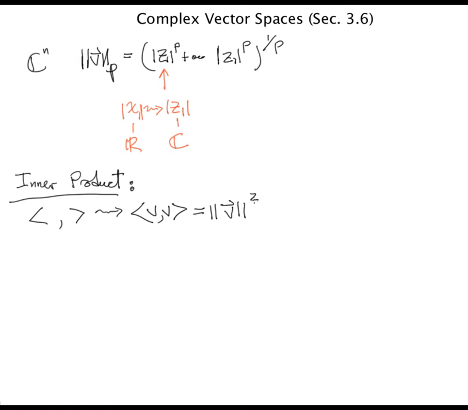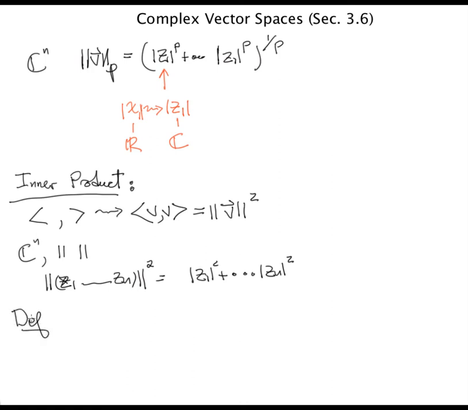Well, let's do it in Cn with the usual norm. Then the norm of z1 through zn squared is the absolute value of z1 squared plus, and so on, plus the absolute value of zn squared. Well, let's just write what the square is. It's this thing.